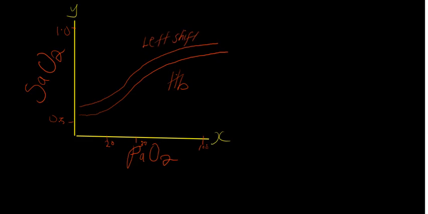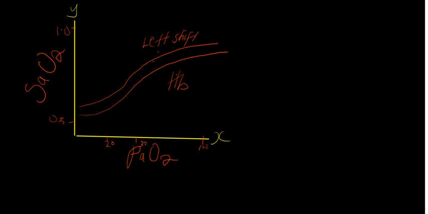When you shift this curve towards the left, the y-axis increases. And what does it basically mean when you increase the y-axis? It means that you increase the affinity of hemoglobin to oxygen. So the oxygen will bind more to the hemoglobin.